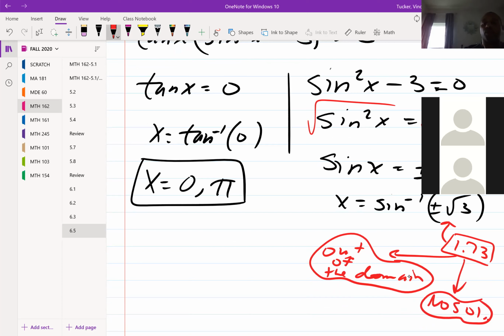If you were to do sine inverse of the square root of 3, it should give you undefined or some error message that your calculator will produce. All right, those are only two solutions, 0 and pi.